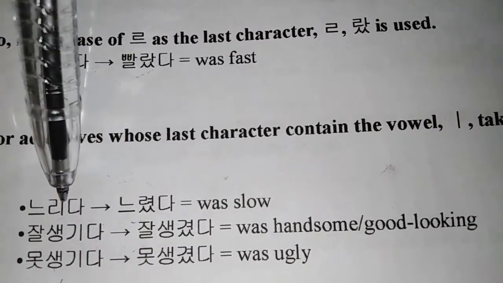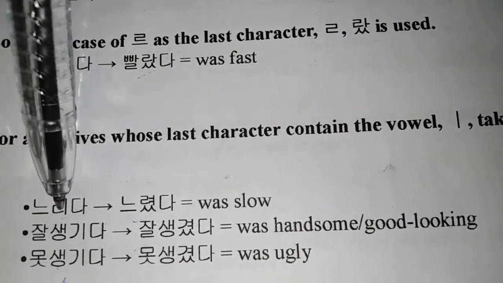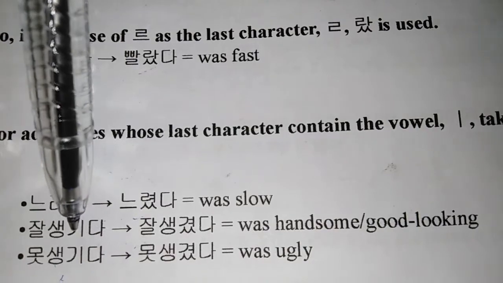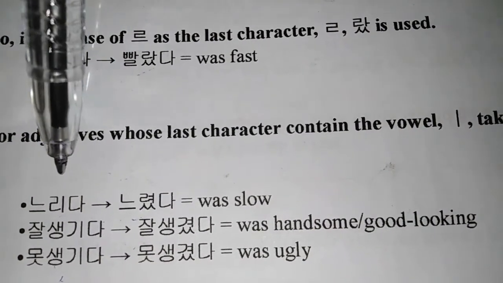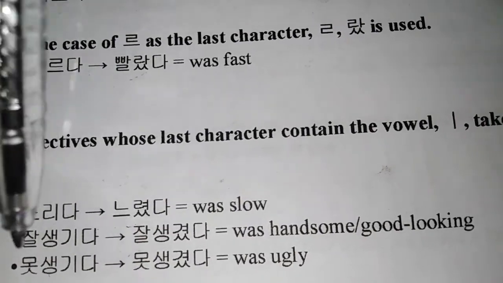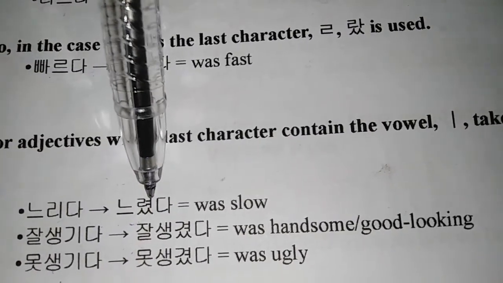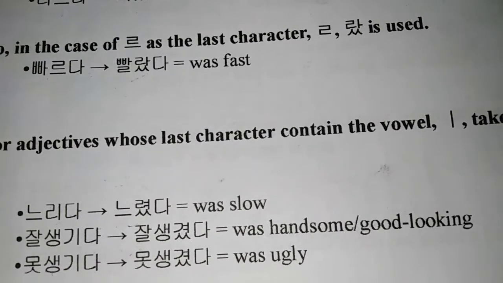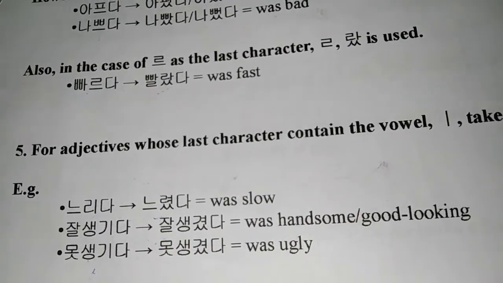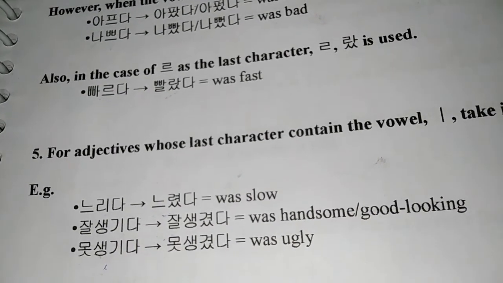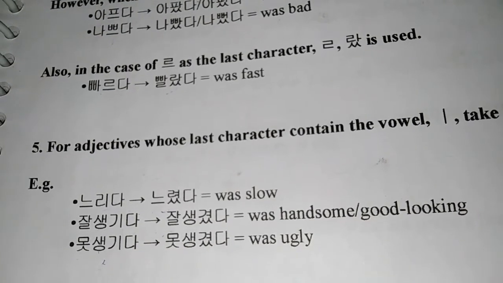The next case is when the last vowel you have is ㅣ. So 느리다 has the last vowel as ㅣ, and the same goes for all the next given ones. What you have to do here is take the ㅣ off, and in place of ㅣ add ㅕ and 쌍시옷 as batchim. Of course, when past tense comes, you know that 쌍시옷 comes everywhere, so you don't have to do much to remember it.